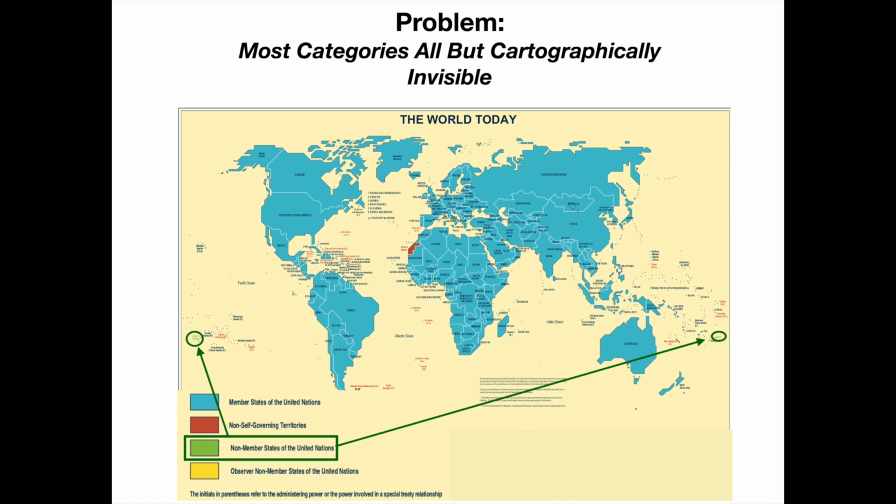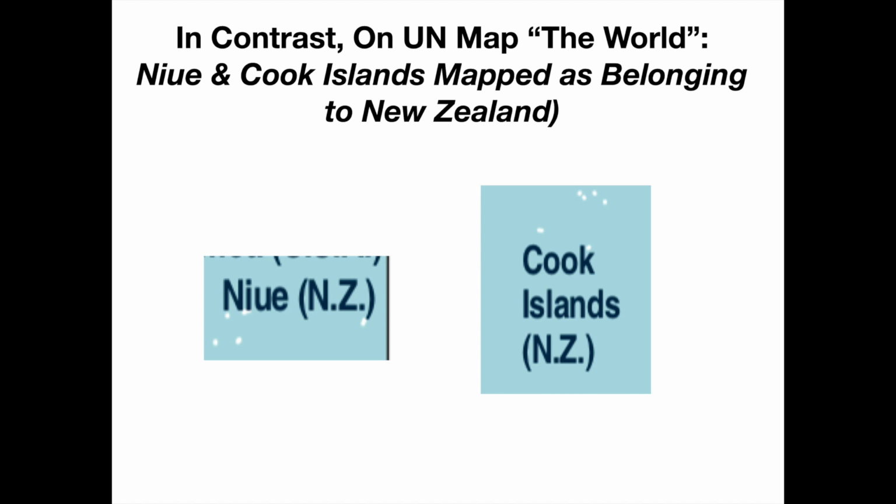And then the Cook Islands, these are both in Polynesia, and they're both connected to New Zealand. But it's an interesting question. Are they dependencies of New Zealand, or are they independent countries? Here they're mapped as independent countries. On the other CIA map, the world, they're mapped as either dependencies or integral parts of New Zealand. The CIA also maps them as dependencies of New Zealand.